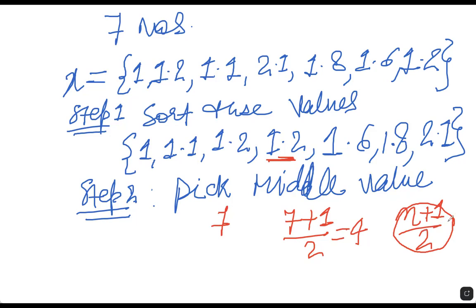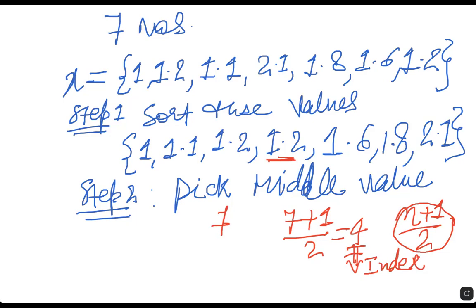Whatever comes, in this case 4, that is the fourth, is my middle value. Basically here fourth refers to the index. It's very important: 4 refers to the index. So these are the indices.